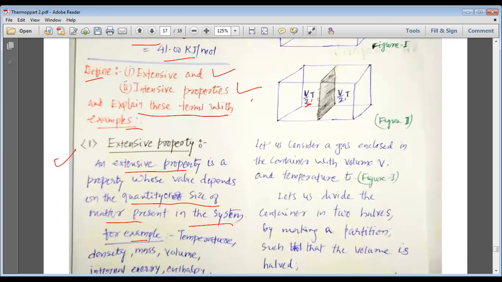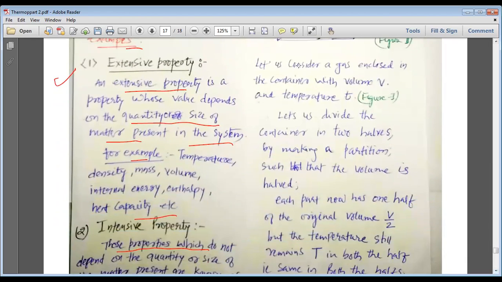Let us read the text and understand it well. Let us consider a gas enclosed in a container with volume V and temperature T. Let us divide the container into two halves by making a partition.